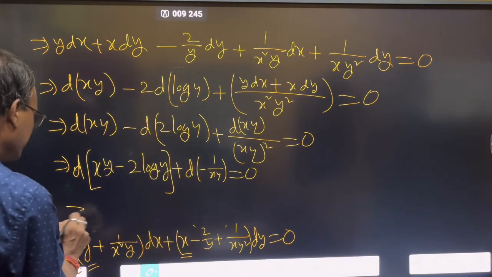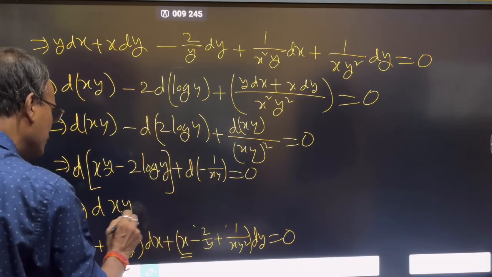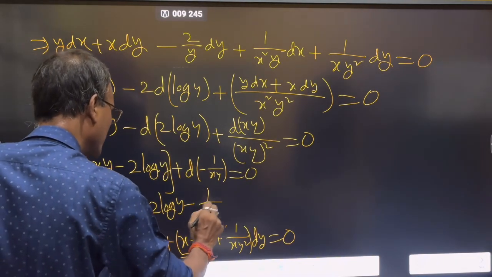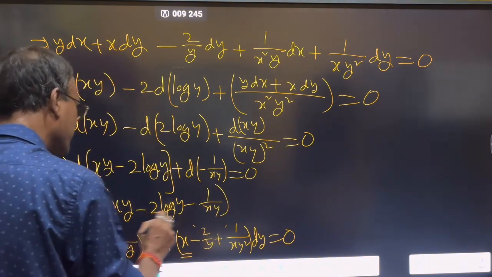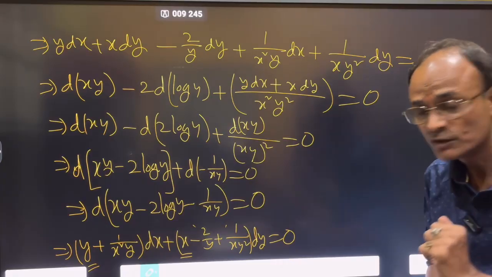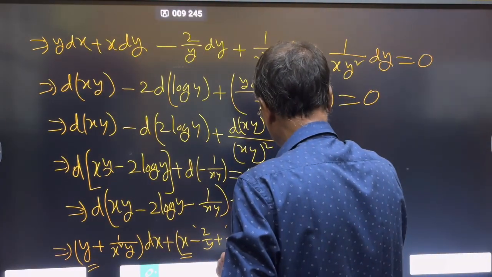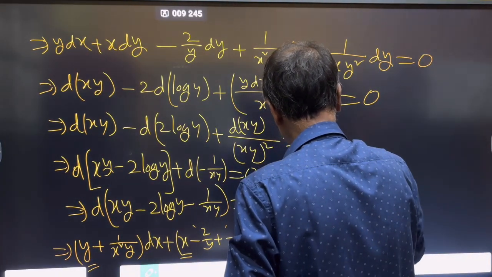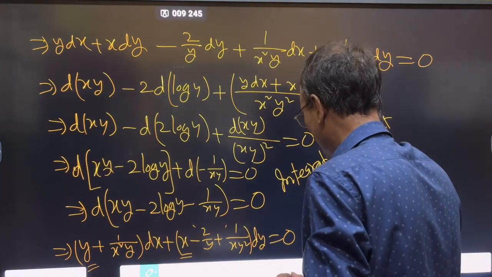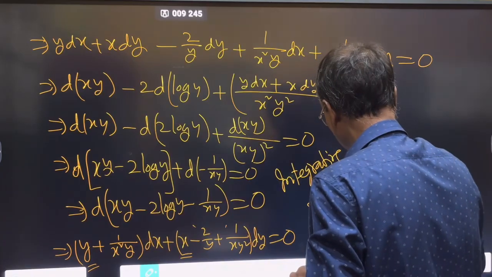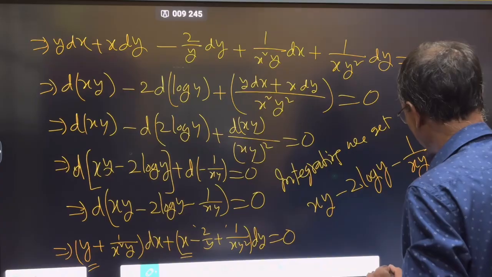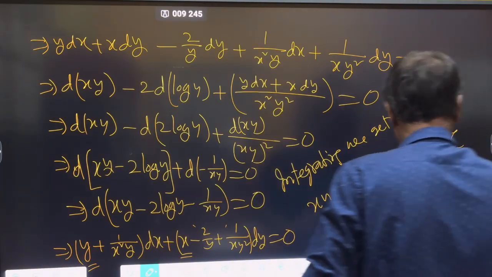Or you may write it as d of xy minus twice log y minus 1 by xy equal to 0. Integrating, we get xy minus twice log y minus 1 by xy equal to c. This will be the answer.